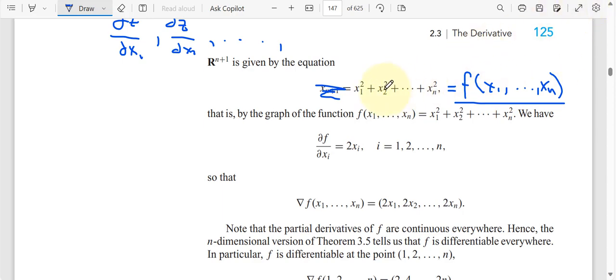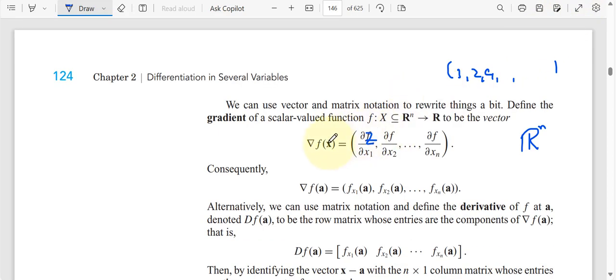We want to put them in an organized list. Then we can recognize that list as a vector itself, which is maybe a nice thing to think about. It's a list of all the partial derivatives, and we give it a name, and it's this. Now, just one more thing.